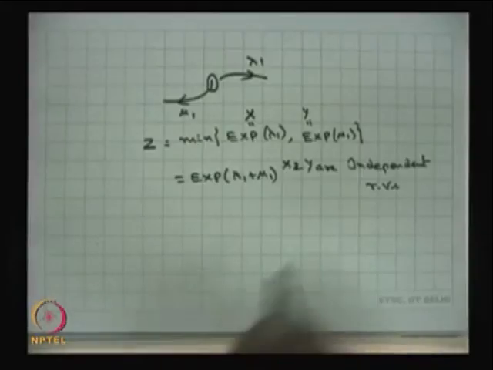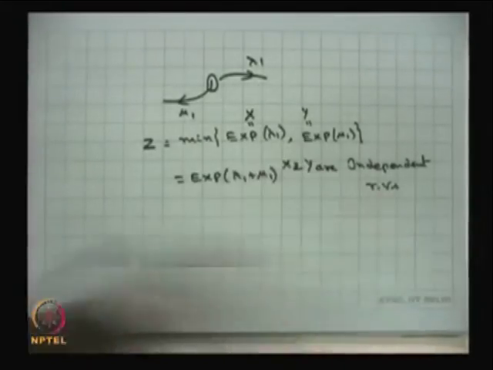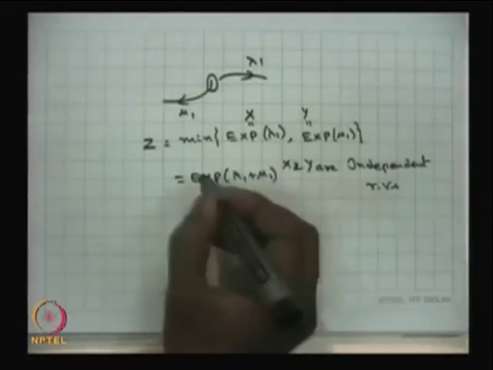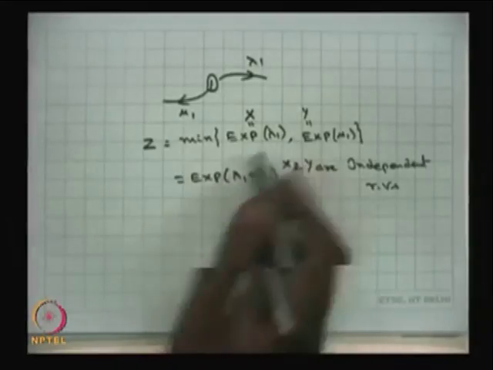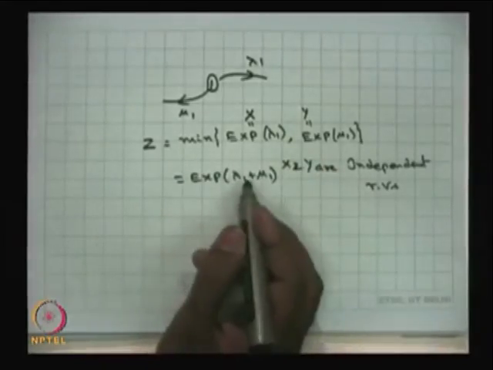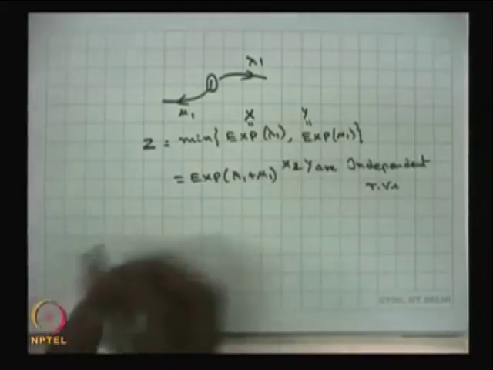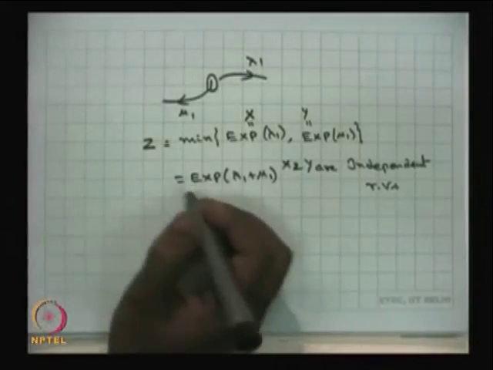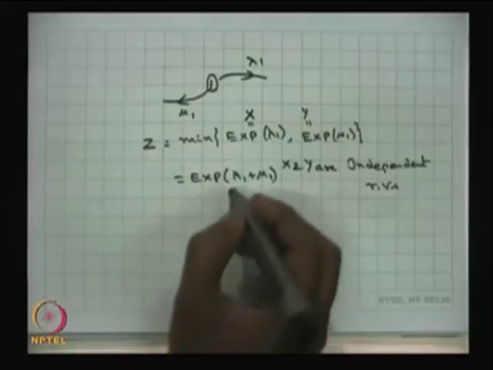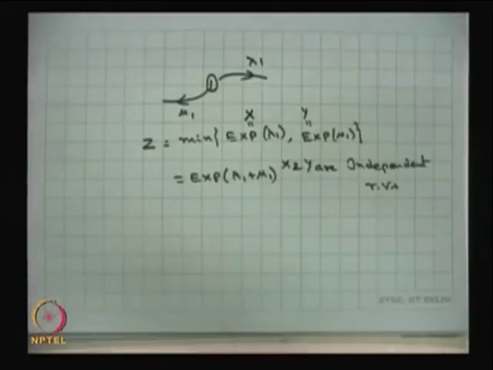You can do it as a homework. Therefore, the time spent in the state 1 is exponentially distributed with the parameter lambda 1 plus mu 1.